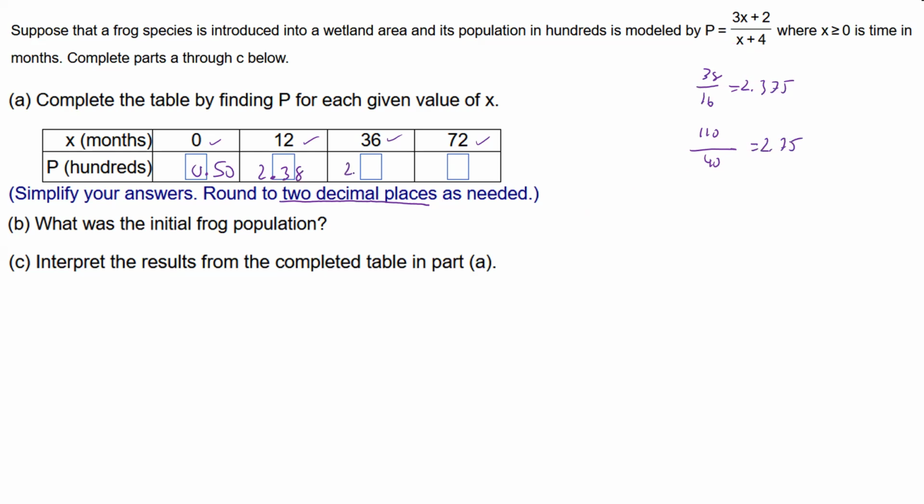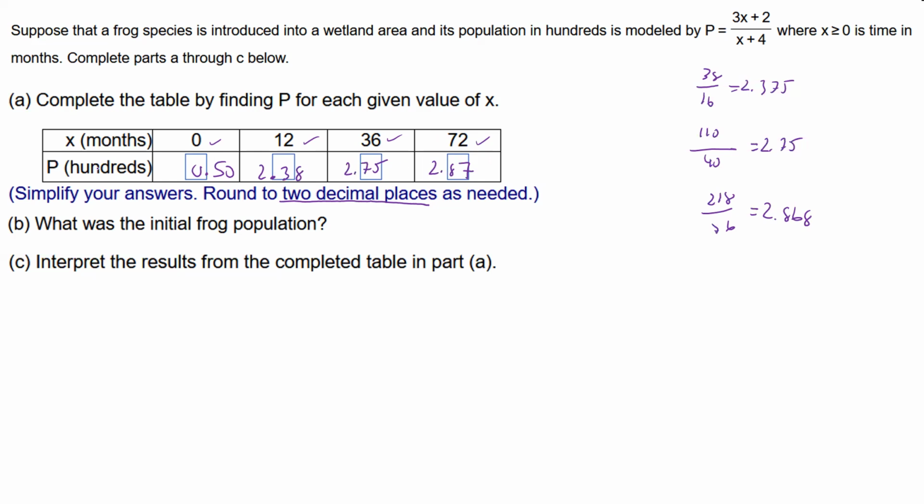And 72, I'm just going to do that in the calculator. 72 times 3 plus 2, that's going to be 218, divided by 76, and we divide that out and we get 2.868, and so on. We only need the first few, so round that, and that's going to be 2.87. Okay, all right, so that's our table filled out.